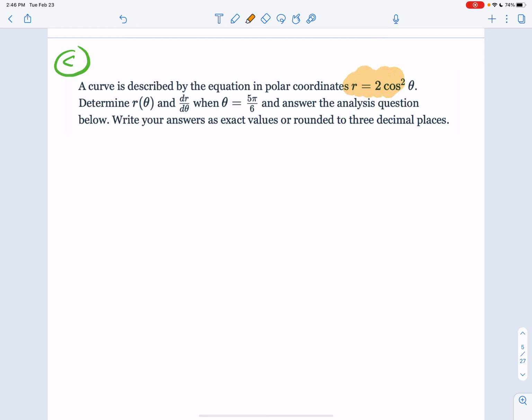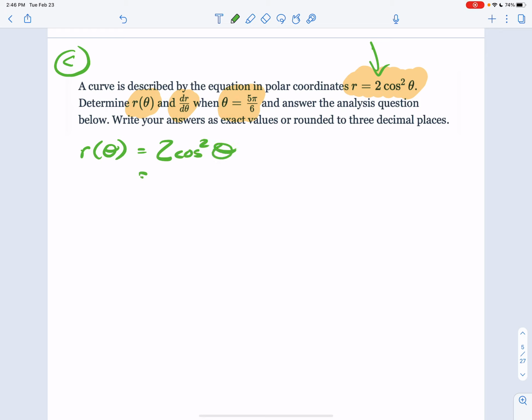Okay, so here we have r equals 2 cosine squared theta. They want us to determine what r(θ) is, dr/dθ, and specifically both at 5 pi over 6. All right, so let's jot down what we need. We need r(θ), and look at that. r(θ) is already given.